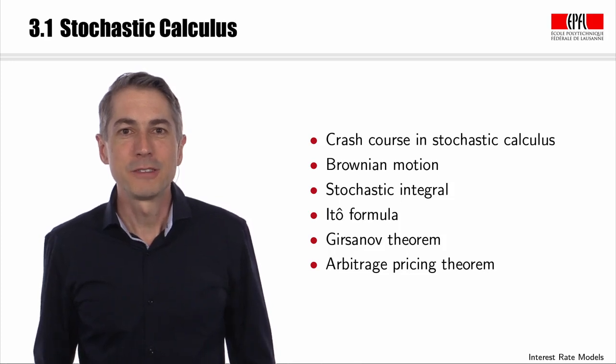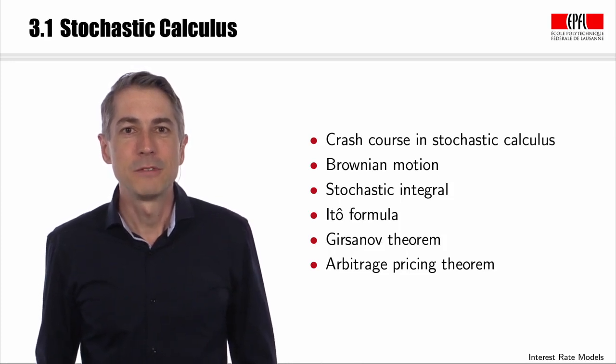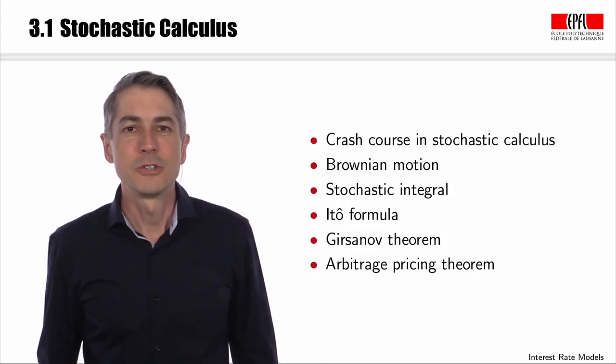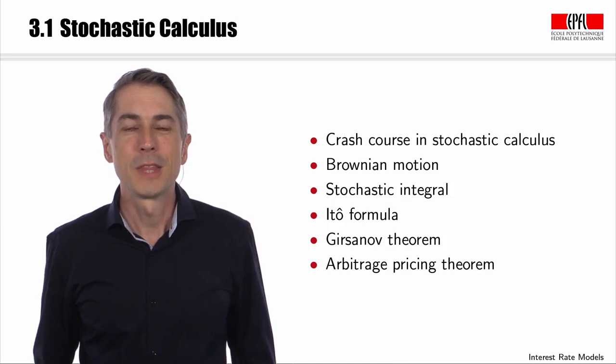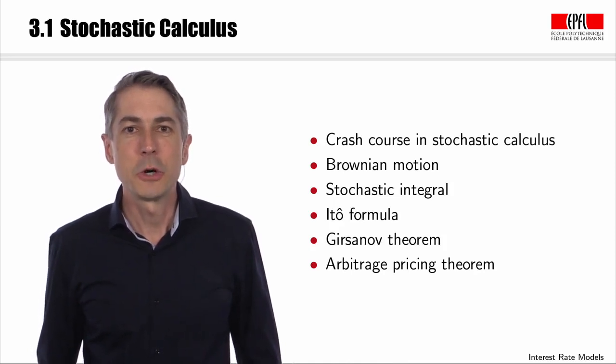In this first part, I recap the basic notions of stochastic calculus. That is Brownian motion, the stochastic integral, Ito formula, the Girsanov theorem. Obviously, we cannot go into the mathematical details.